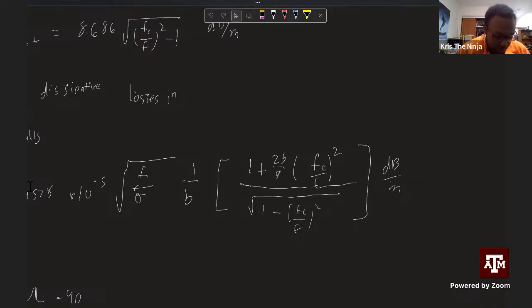I think this is 2B over A. Then f fc over f squared, square root of that, 1 minus fc over f squared.